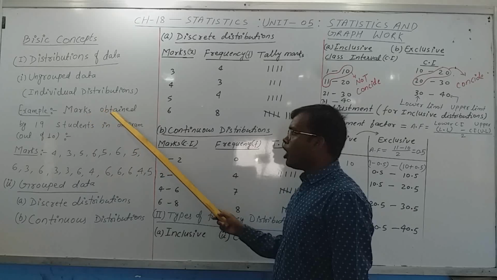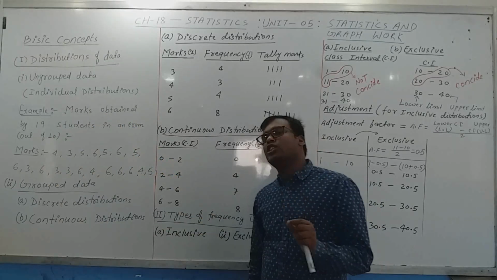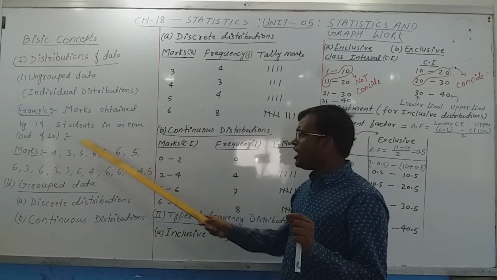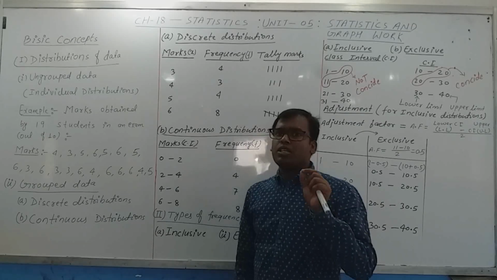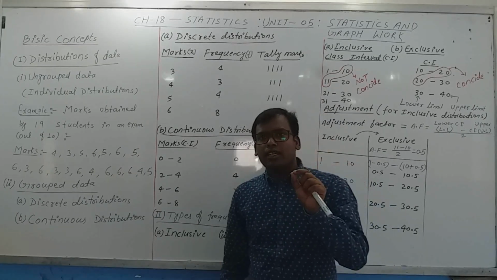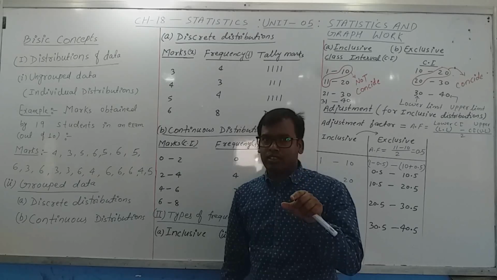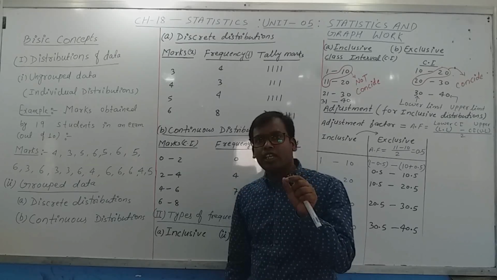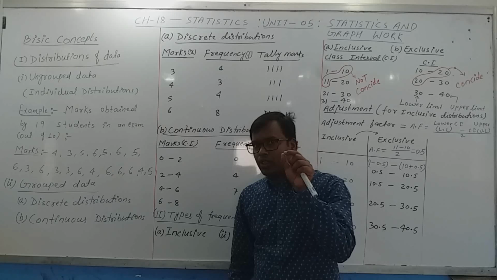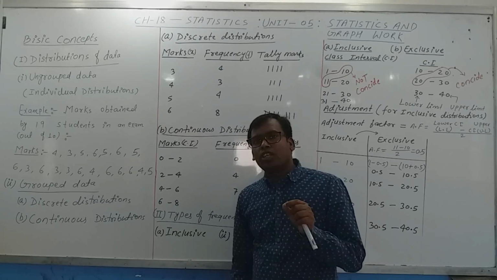Example: marks obtained by 19 students in an exam out of 10. That means students have obtained marks out of 10. Here I have collected the marks of 19 students. What does it mean by individual distributions?